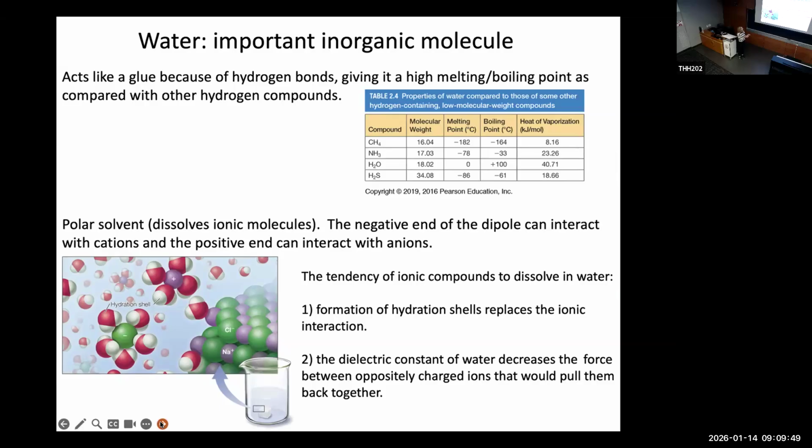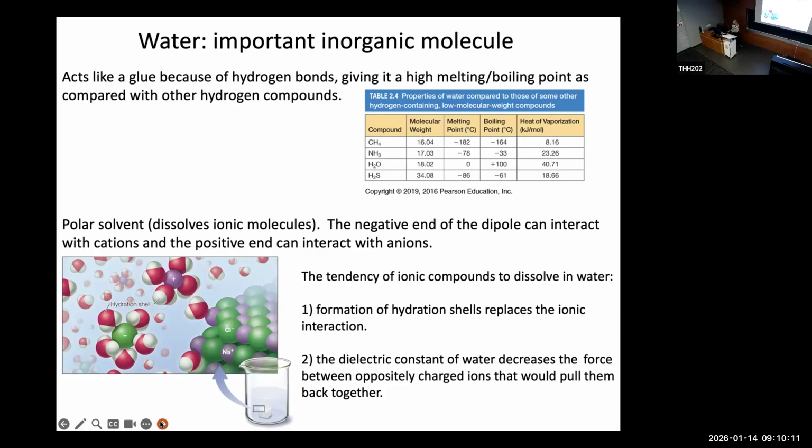That's because this compound doesn't have any hydrogen bonds between it and other things, whereas water does. So water's many, many hydrogen bonds make it require a lot of energy in order to melt and then also boil. Okay, so the temperatures are much higher.